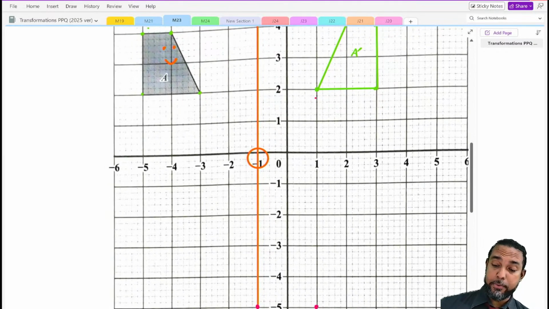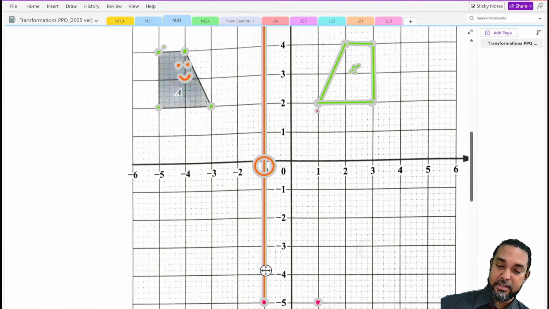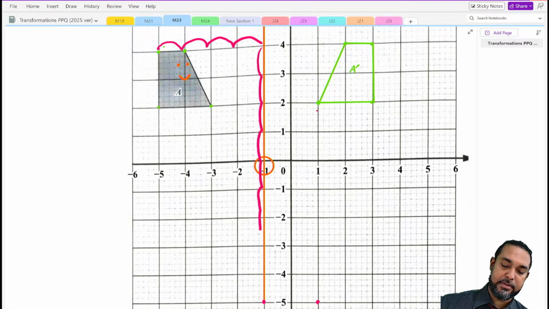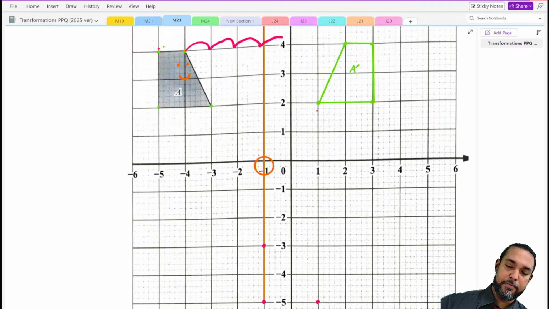Now we can do the rest if you want, or again, you could just draw any shape. We kind of know what the shape looks like. But if you want to see these things in a little more detail, let's do the top left-hand side. So 1, 2, 3, 4 to the right, and then 1, 2, 3, 4, 5, 6, 7 down. So we're there. And the last one, 1, 2, 3, 4, and then 1, 2, 3, 4, 5, 6, 7.